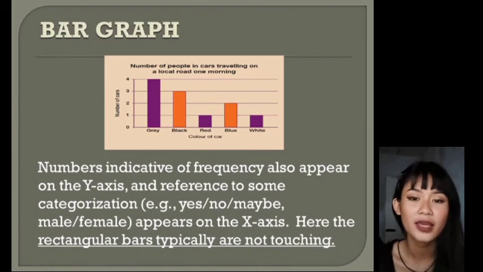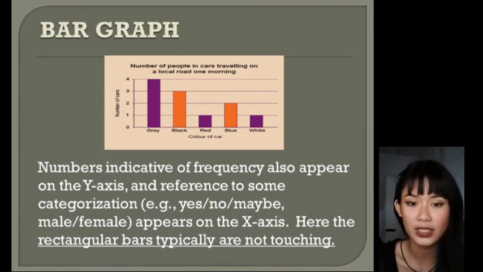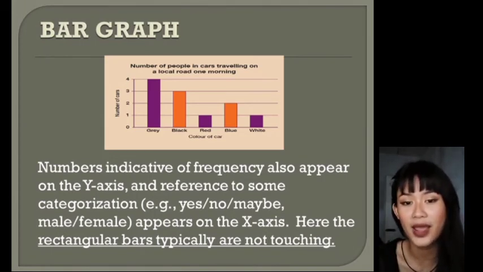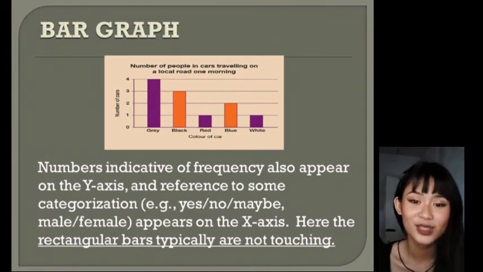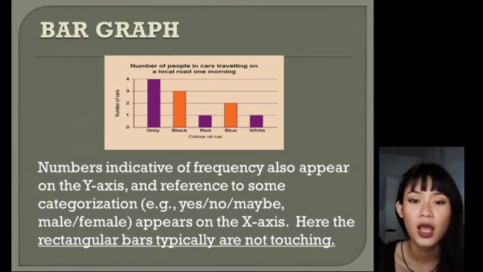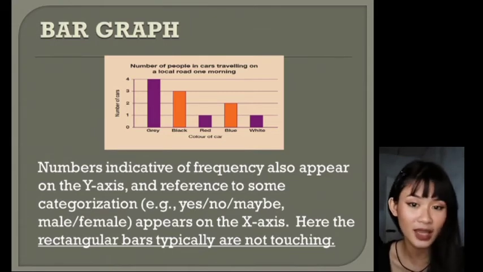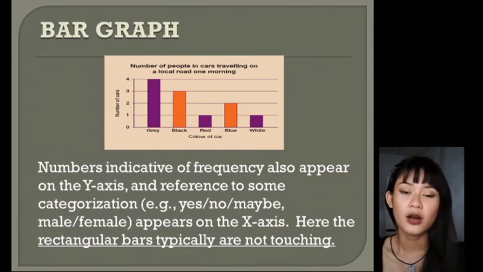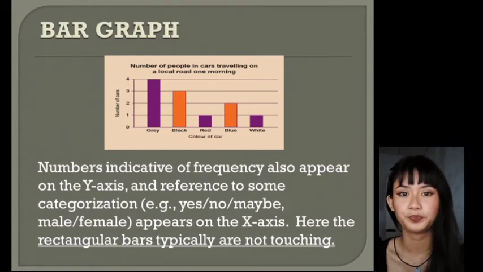In the bar graph, numbers representing frequency appear on the y-axis, and references to some categorization such as yes, no, maybe, male, female appear on the x-axis. In this case, the rectangular bars are usually not touching.